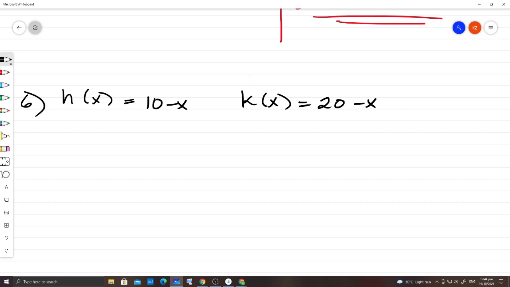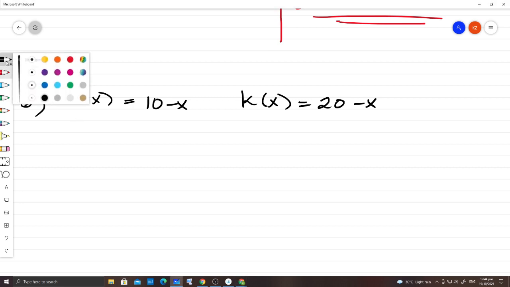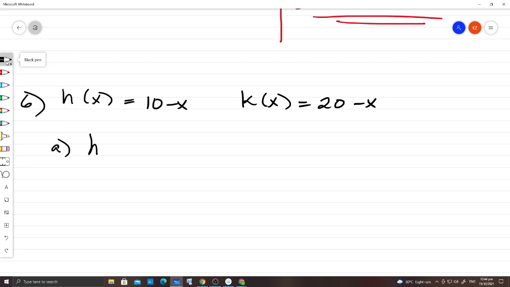Please wait, I'm going to drink some water. Find an expression for h composed of k of x. For letter A, h composed of k of x.